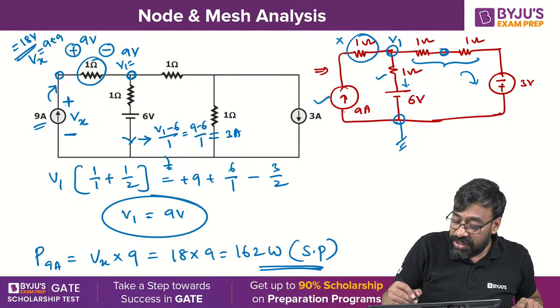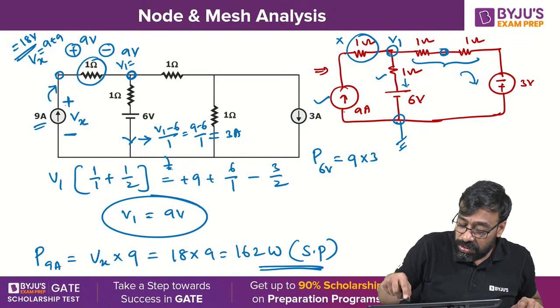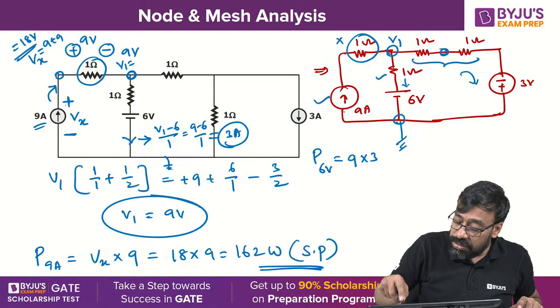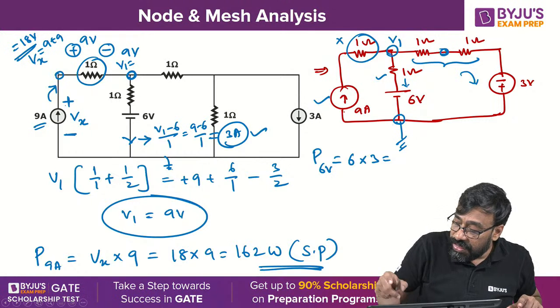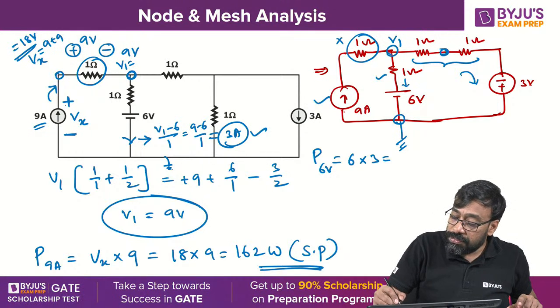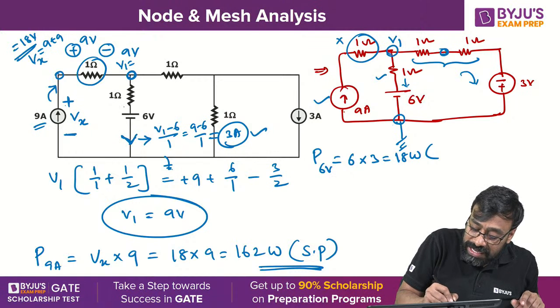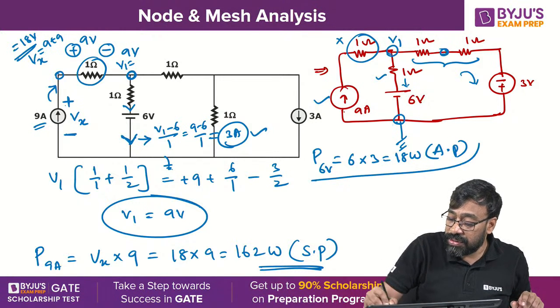When it is 3 amperes, the power of the 6 volts will become 6 volts into 3 amperes. So that is nothing but 18 watts. But what is the current doing here? This current is entering into positive, therefore it is absorbed power.